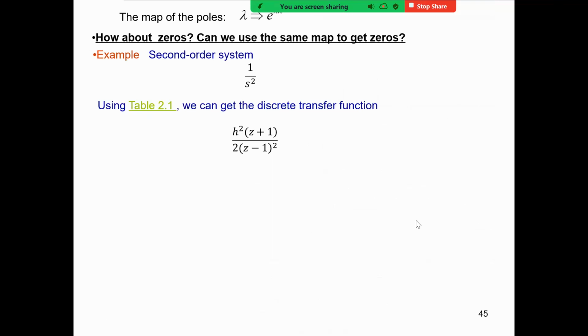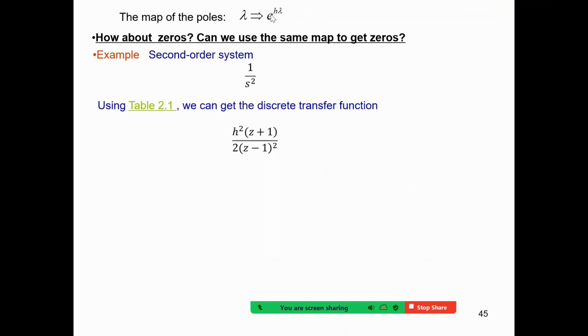Of course, we can easily check how to get the poles. The pole is 0 for the continuous time. If I use this formula, when lambda equals 0, we get 1. That is the denominator, it's simple. But if we look at the numerator, we want to analyze the zeros. What is the zero for the sampled system?